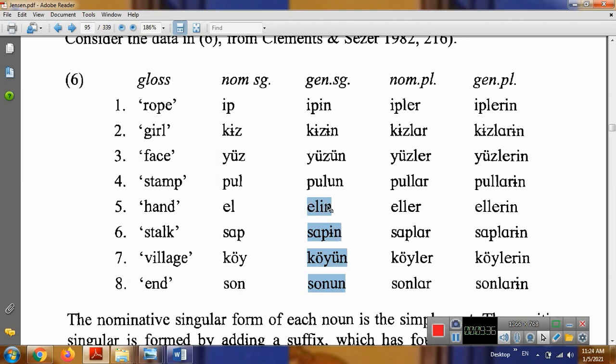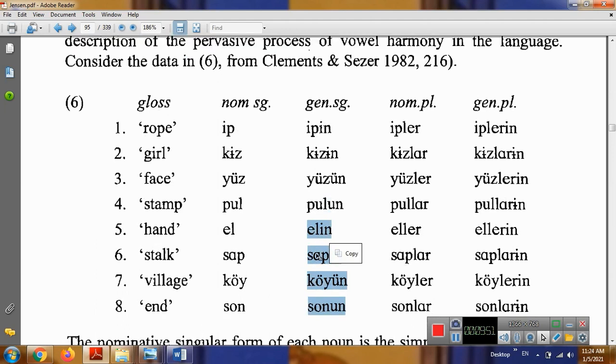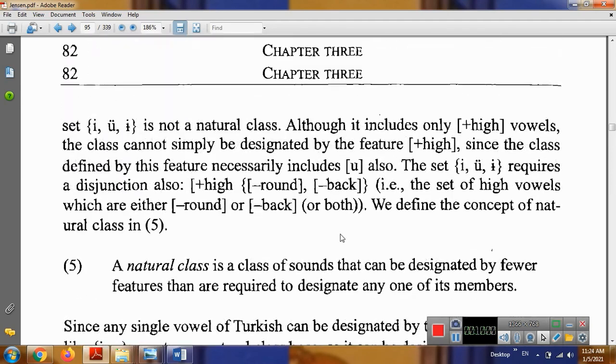For example, e and e have more shared features than, for example, e and o. According to their shared features, we choose such suffixes. Pay attention to the table to find the shared features.